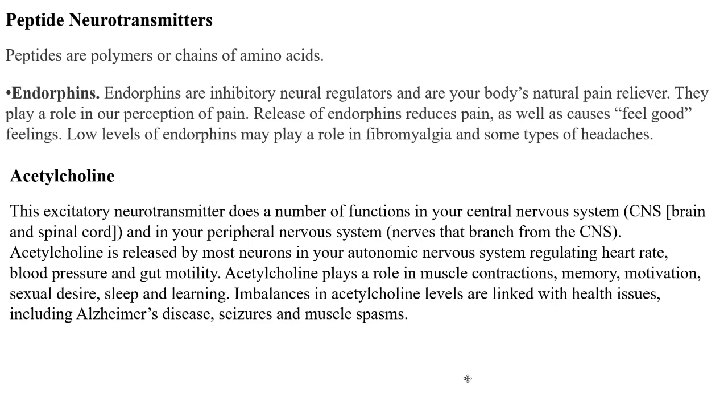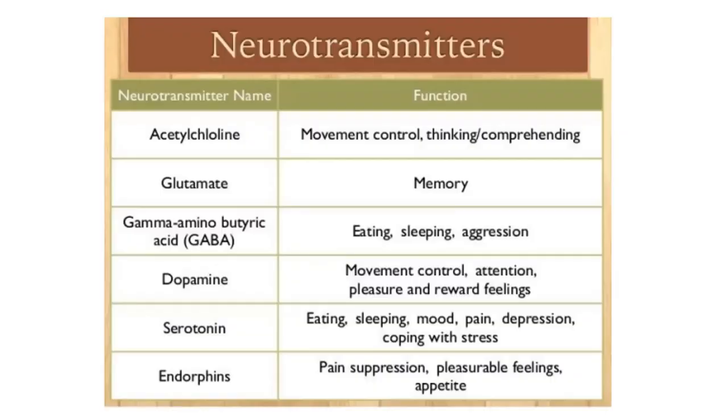Imbalances in acetylcholine levels are linked with health issues including Alzheimer's, seizures, and muscle spasms. So we studied the peptide neurotransmitter, which is endorphin, and then acetylcholine. So let's see the functions again of all the neurotransmitters.